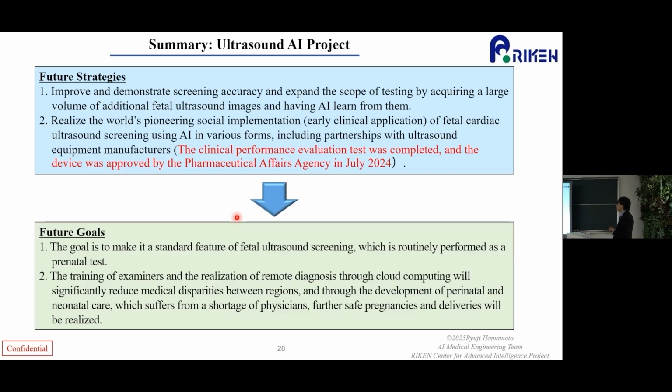And secondly, the training of examiners and the realization of remote diagnosis through cloud computing will significantly reduce medical disparities between regions, and through the development of perinatal and neonatal care, which suffers from a shortage of physicians, safer pregnancies and deliveries will be realized.